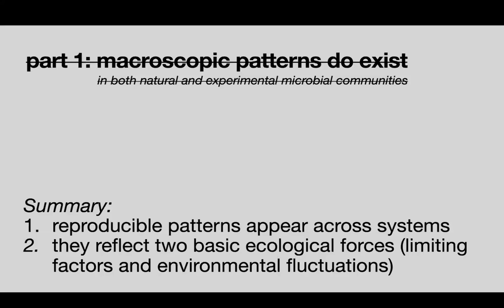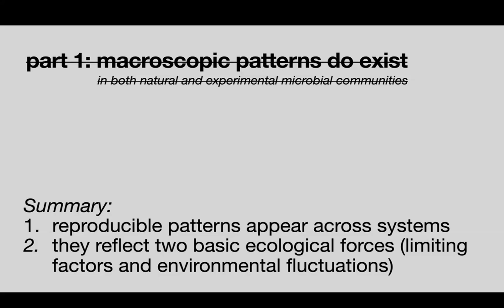So this is what the first part was, and I ran a little bit because I wanted to get to the second one. But the main message here is that there are reproducible patterns that appear to be valid across systems, and these patterns reflect two main ecological forces. One is that there are limiting factors, so that the growth of each population is limited.